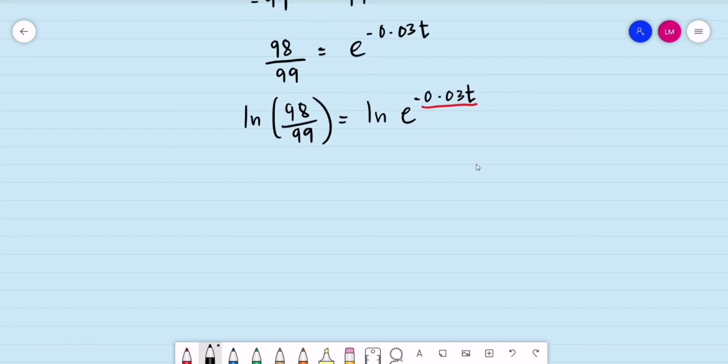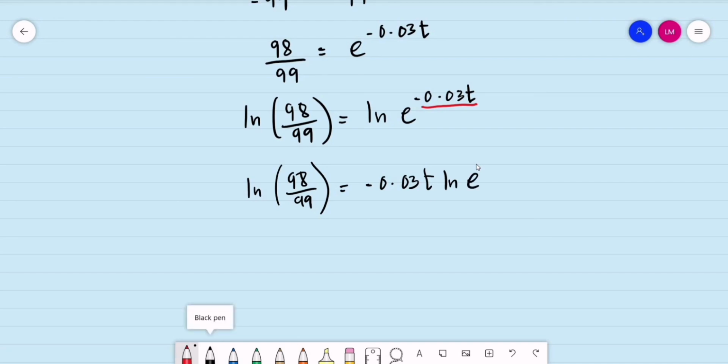So the ln of 98 divided by 99 is equal to negative 0.03 of the time multiplied by the ln of e. We know that ln of e is the same as 1. So to compute for the time, we divide both sides of the equation by negative 0.03.